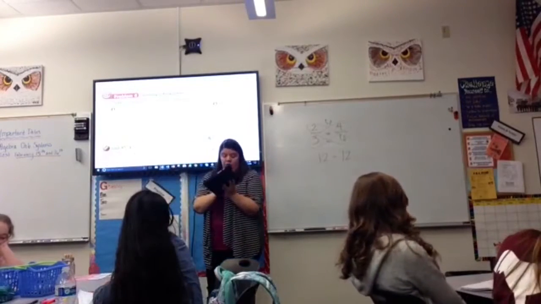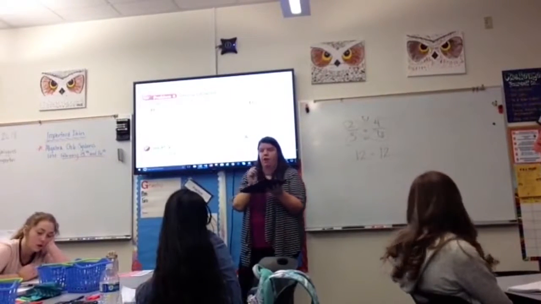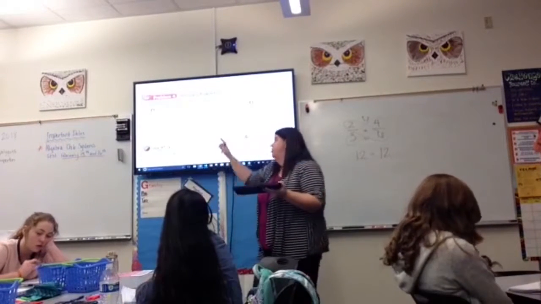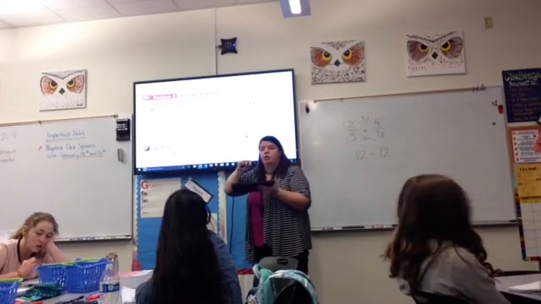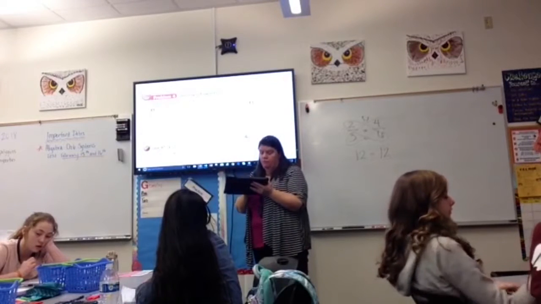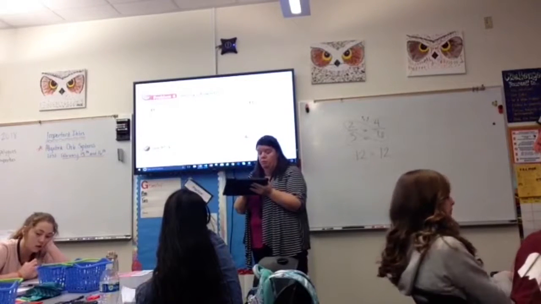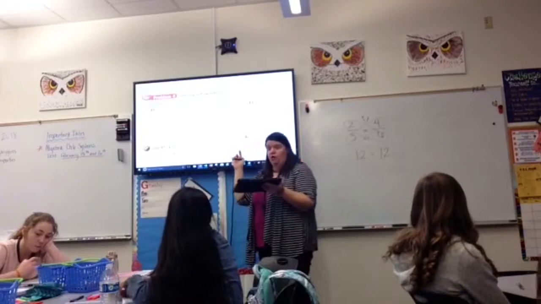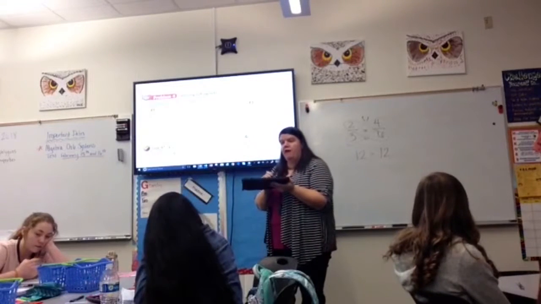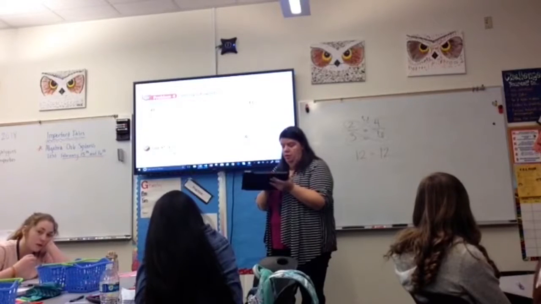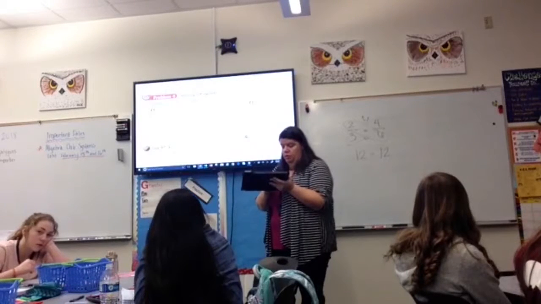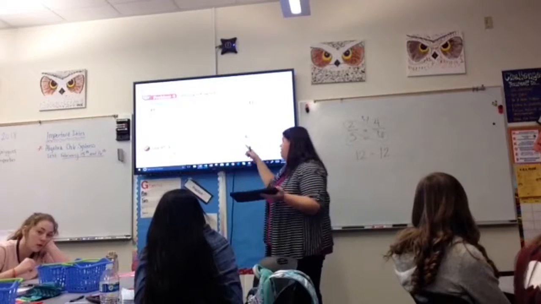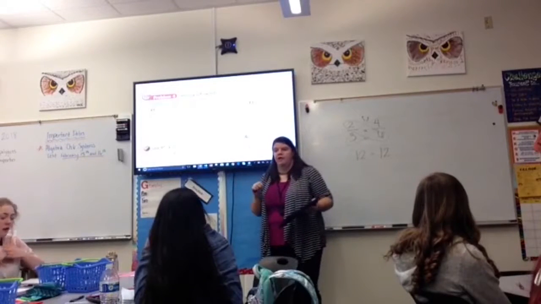If we're setting up cross products 6 times 4 this way, what are the other two things we need to multiply to finish off our equation? 5 times x. Good. So now can you see how we got the 24 and why we divided both sides by 5? And that's how we got x equals 4 8/10.